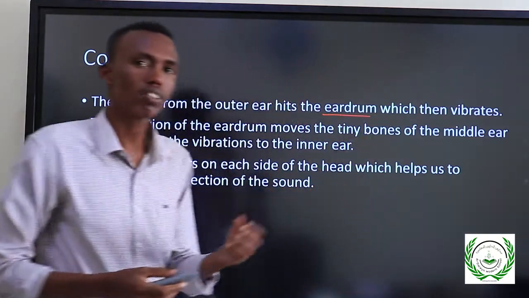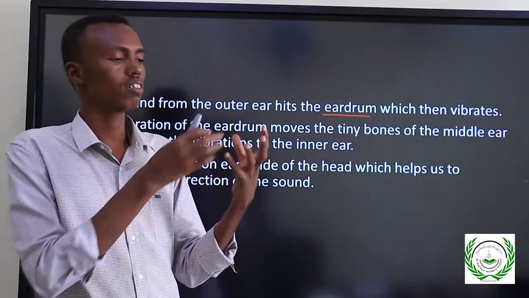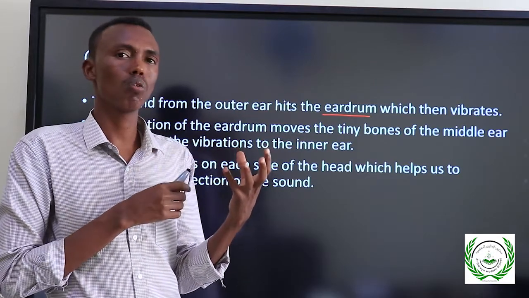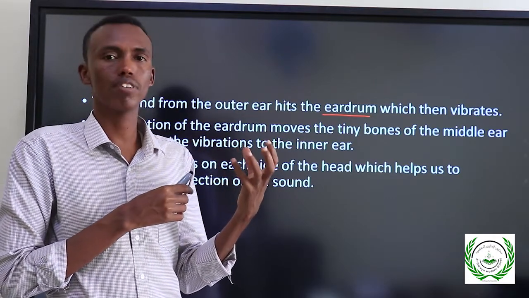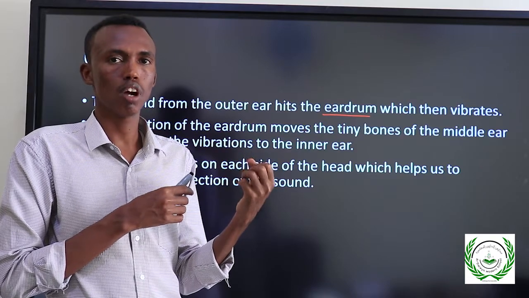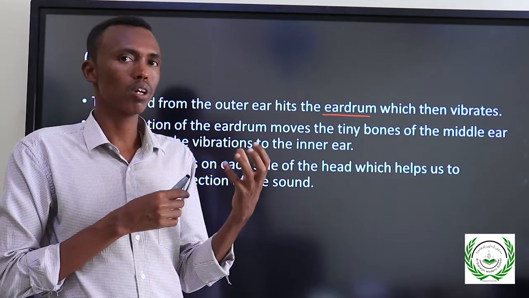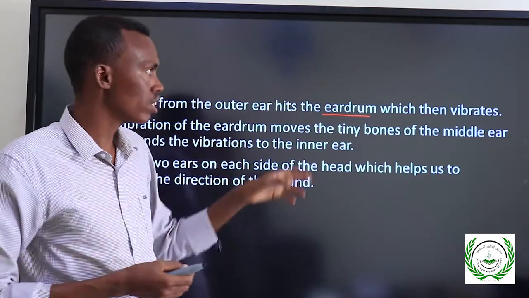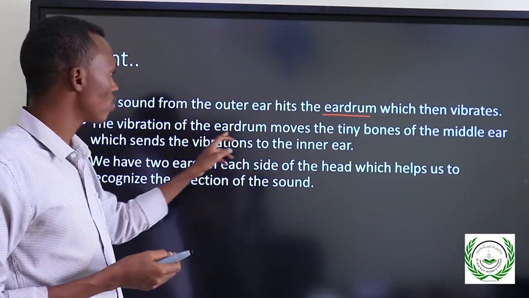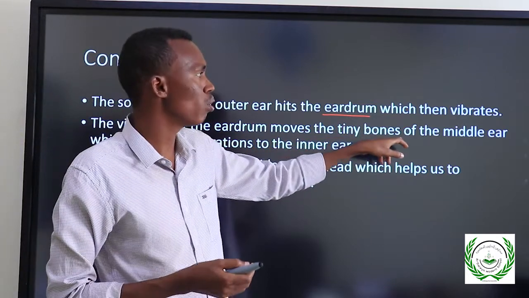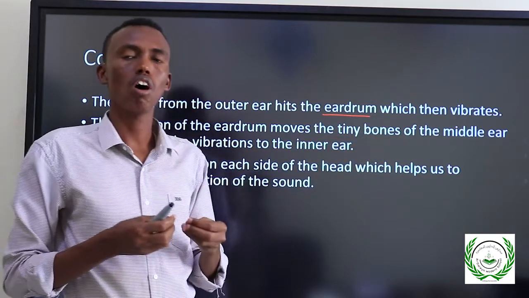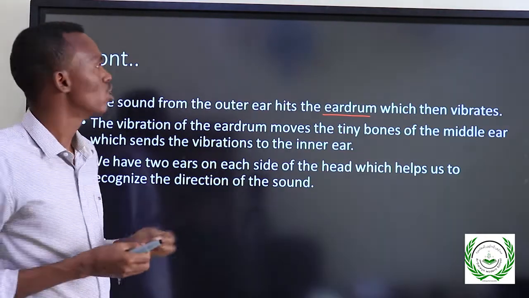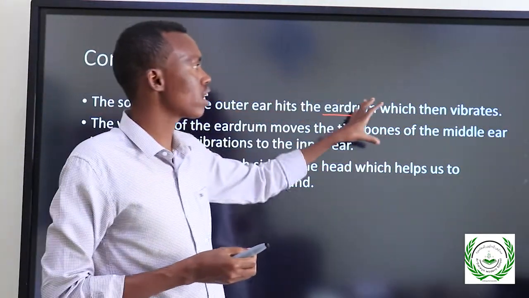When the outer part of our ear collects the sound waves, they are directed to the eardrum. When it hits the eardrum, the eardrum vibrates. This vibration moves the tiny bones of the middle ear, which are called ossicles.